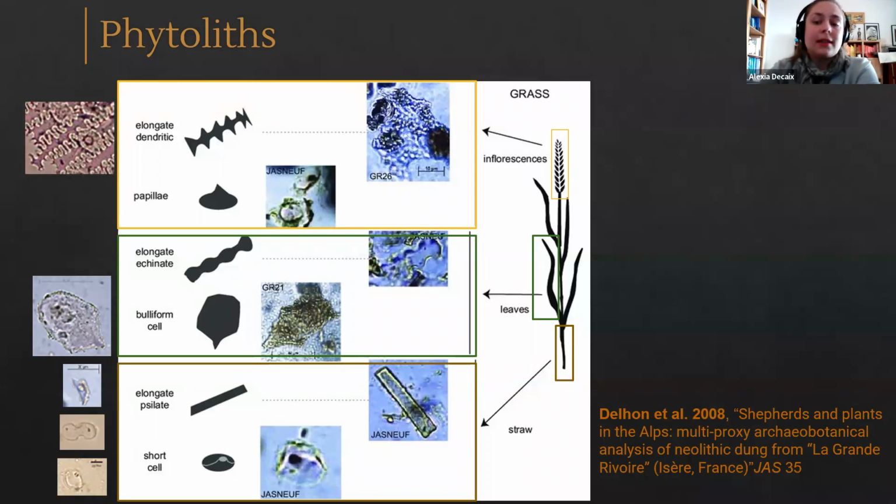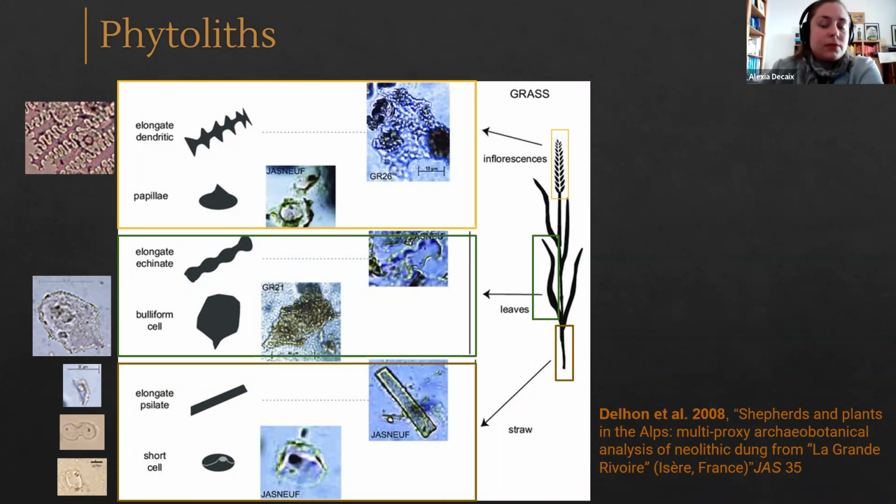The grasses produce many more phytoliths than most taxa, and an interesting thing is that the different parts of the plant produce phytoliths with distinct morphologies. Thus, as shown in this example, the phytoliths produced in the stem will have a morphology different from those produced in the spike.